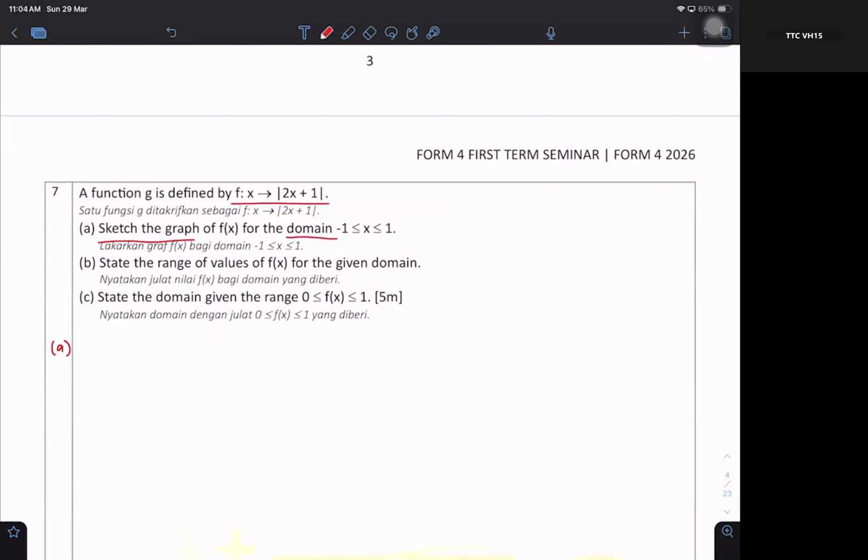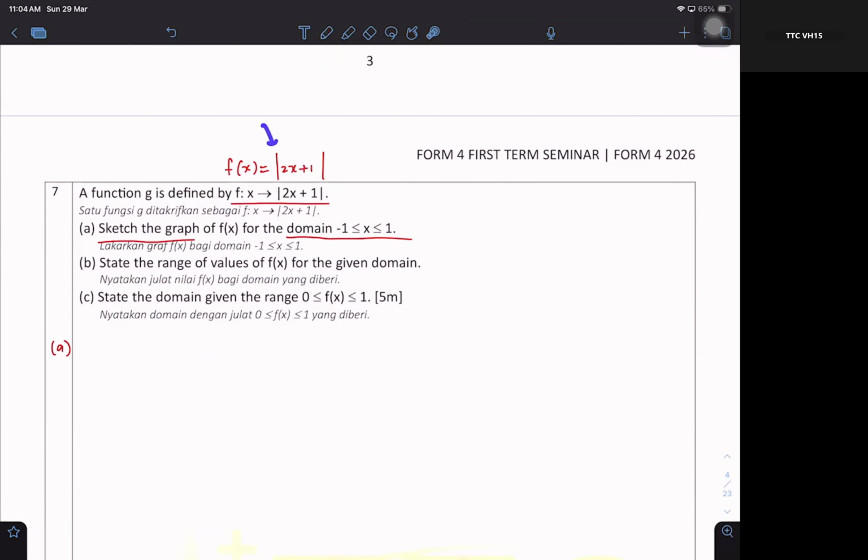The domain is x between -1 and 1. This symbol is called modulus. Let me write out the function. Now, f(x) equals modulus of 2x plus 1.